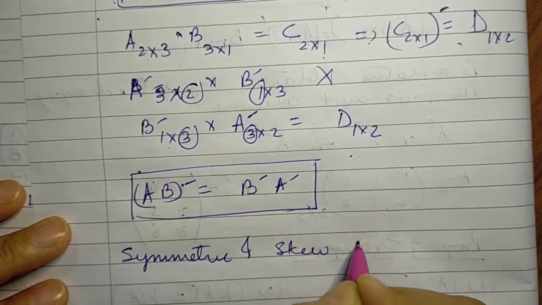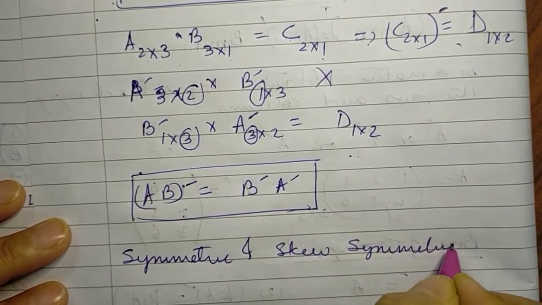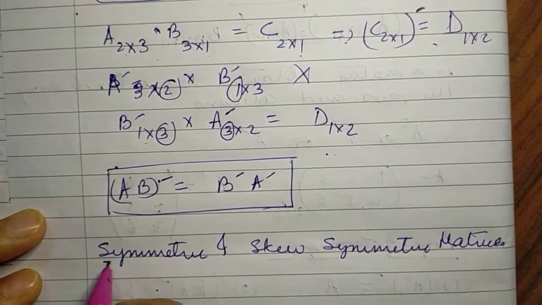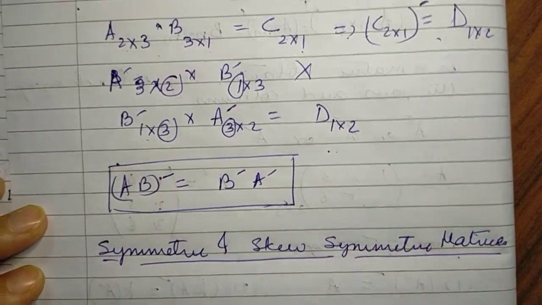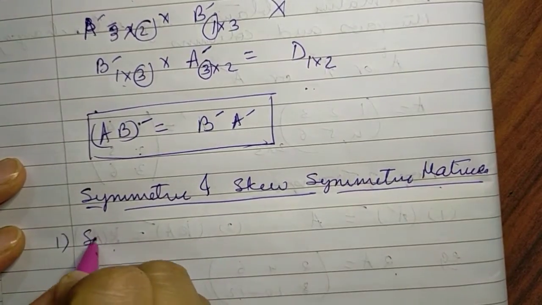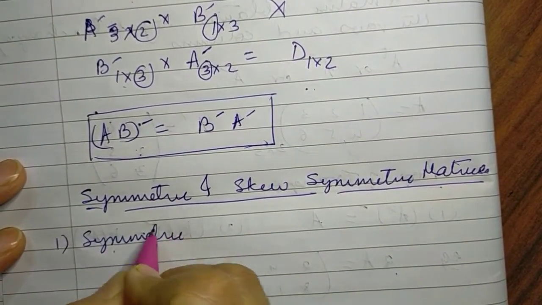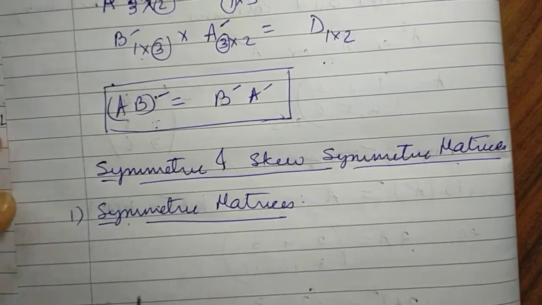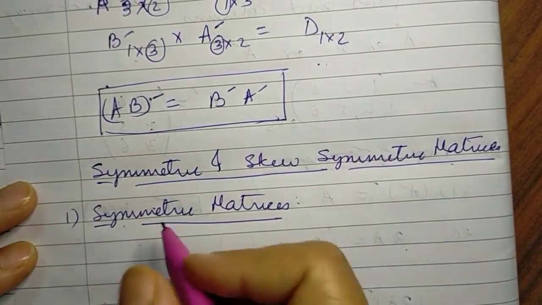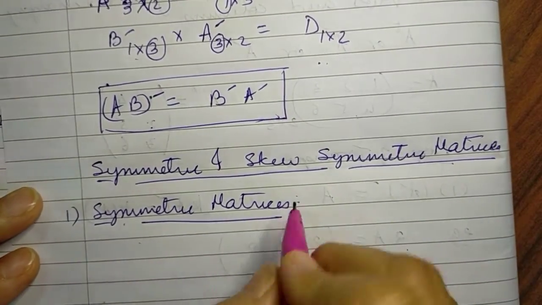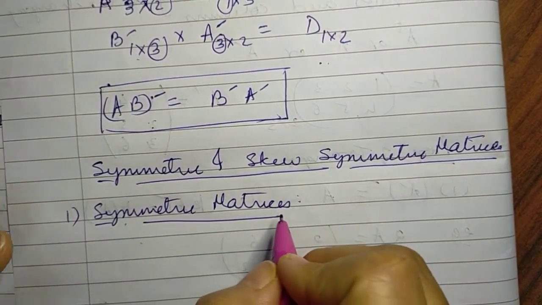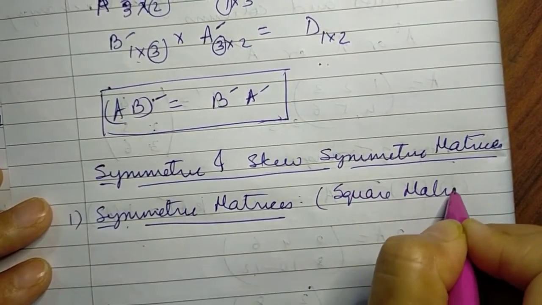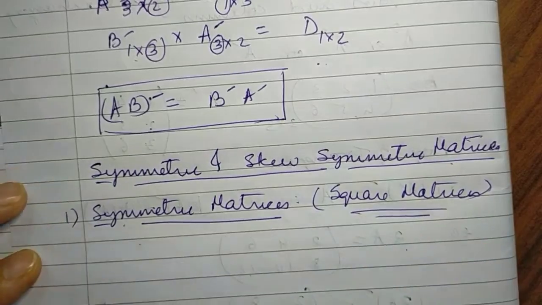Now we come to another thing, which is called symmetric and skew symmetric matrices. First we do symmetric matrices. Whenever we are doing symmetric and skew symmetric matrices, we are dealing with only square matrices, and the reason we will see very soon.